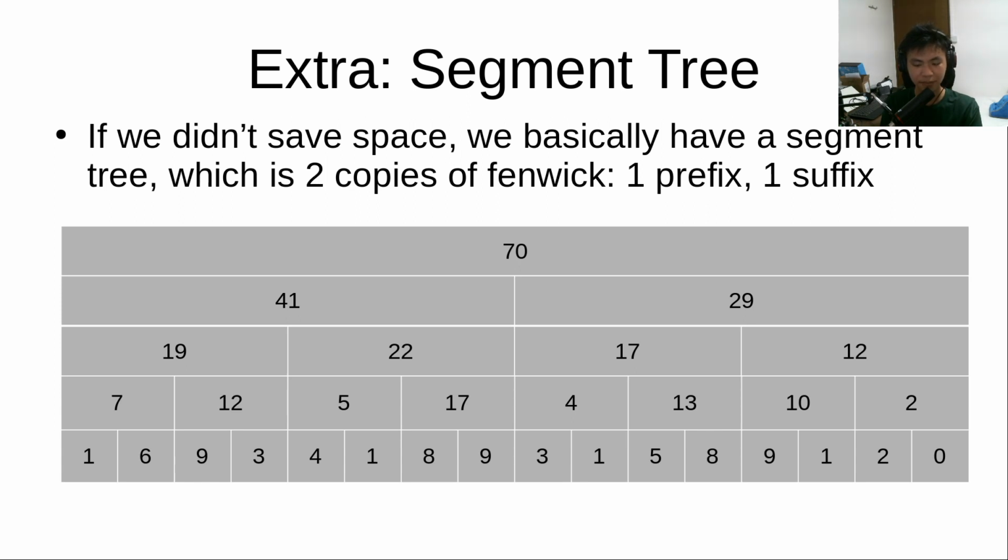So instead, you need a suffix of sorts. You have one copy for handling the prefixes and one copy for handling the suffixes, and that is 2 copies of a Fenwick tree.